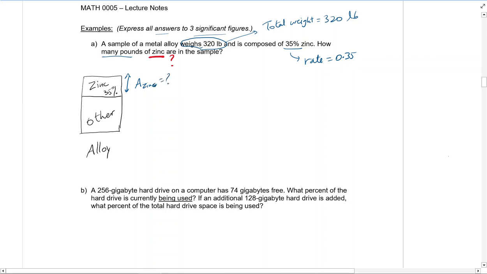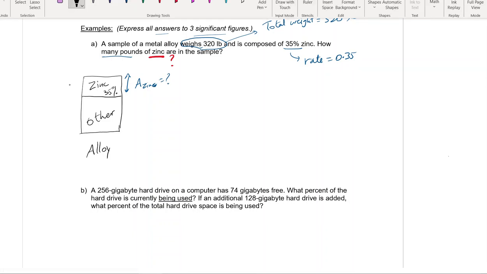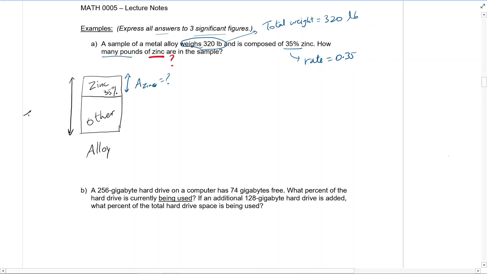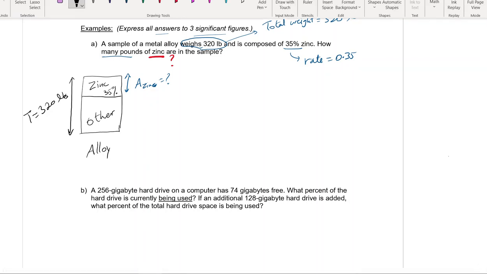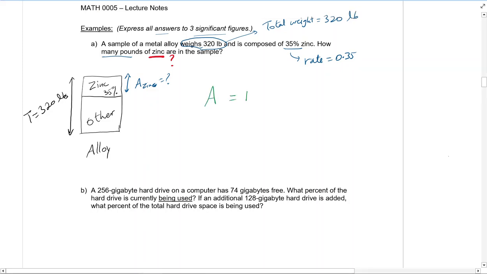So that's what we're gonna find. And also we are given that the total is 320 pounds. Okay, so since we know our formula A = RT, if you're finding the zinc, so rate of the zinc and total.